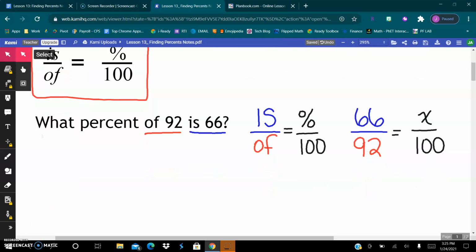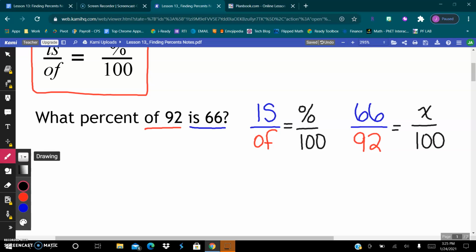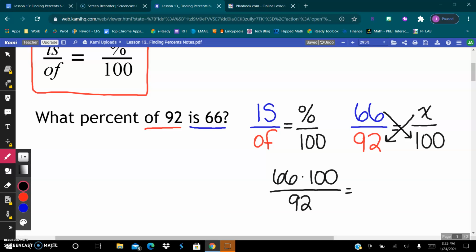So now we're going to do something that we call cross multiplication. We're going to multiply the two numbers that are on a diagonal from each other. So we're going to do 66 times 100, and then we're going to divide that by what's across from our variable. So we're going to have to divide that by 92. So this is going to be 6,600 divided by 92.